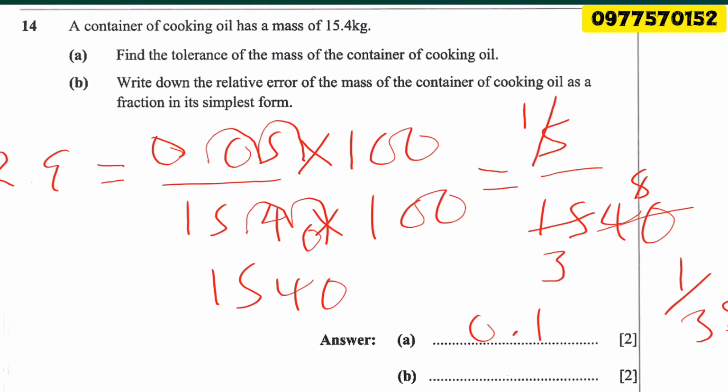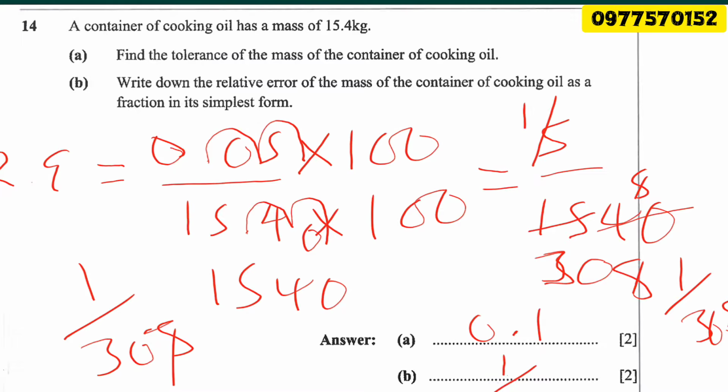So it is 1 over 308, and that's the answer. You can write it here, 1 over 308. So it is the absolute error divided by the true value. Okay? Thank you so much.